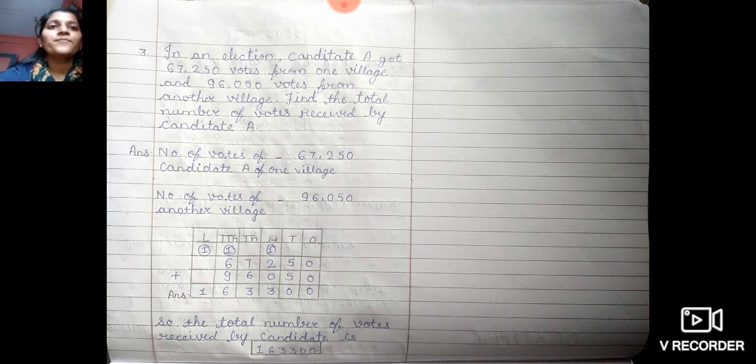Now, students, the column which we can see on the screen is for the answer. Here we have to add the number of votes: 67,250 plus 96,050. In the ones place we add 0 plus 0, 0. In the tens place, 5 plus 5, 10. So 0 we are going to write in tens, 1 we are going to write in the 100 place. So 2 plus 1 is equal to 3.